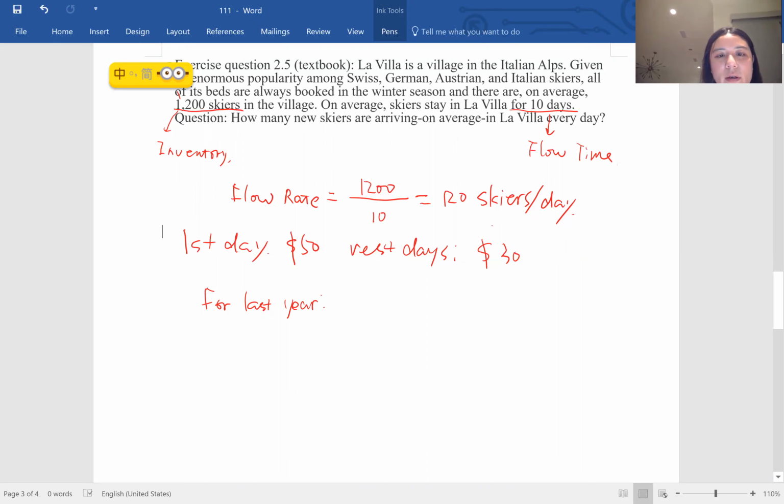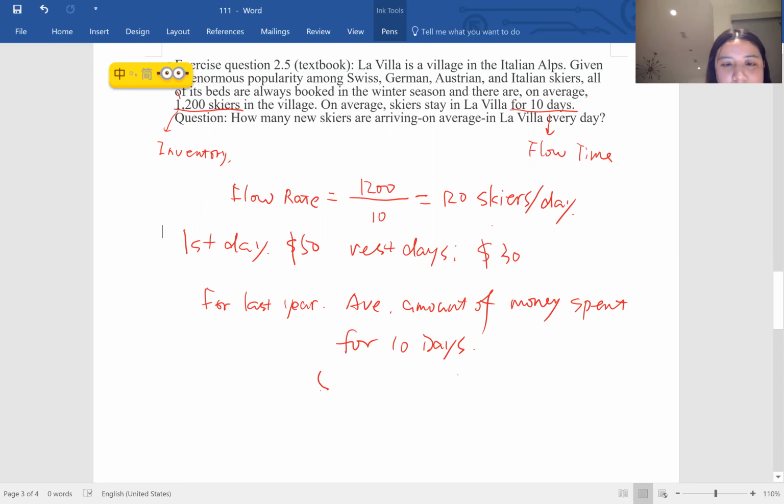Let's calculate the average amount of money for 10 days. How do we calculate it?